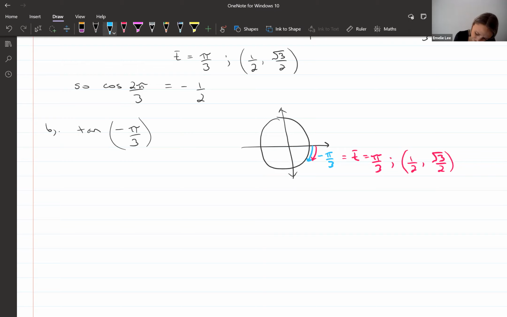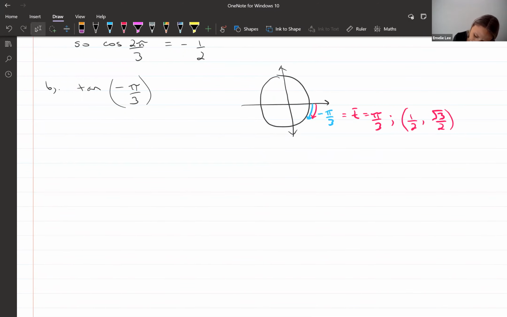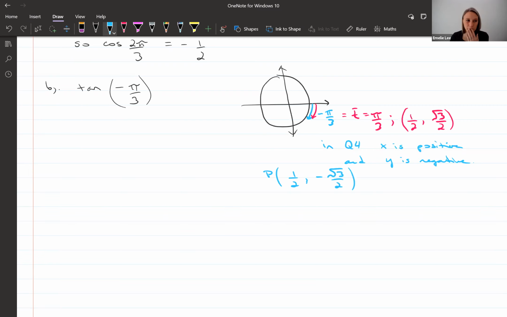Okay, maybe I'll use a color here. In Q4, we have x is positive and y is negative. So what we have is 1/2, negative root 3 over 2.